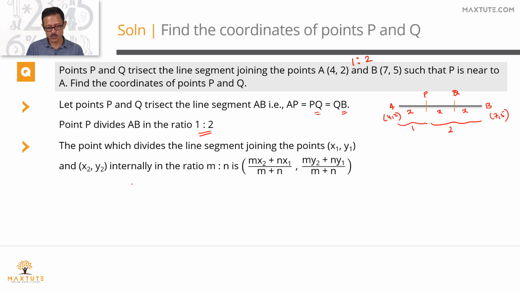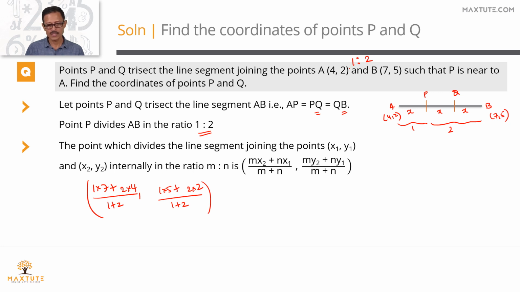So mx2 is 1 into 7, plus nx1, which is 2 into 4, divided by m plus n, which is 1 plus 2. That is the x coordinate of this point. my2 is 1 into 5, plus ny1, which is 2 into 2, divided by 1 plus 2. This will give us the coordinates of point P. Quickly verified.